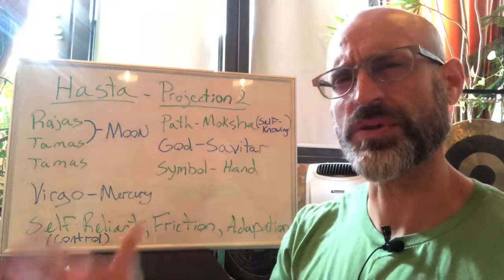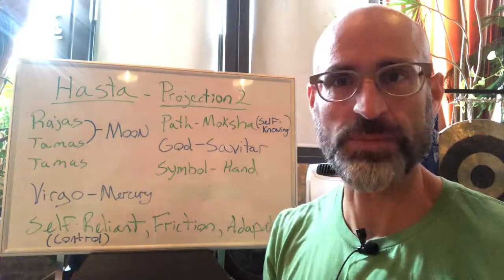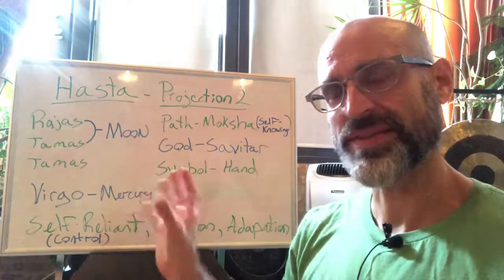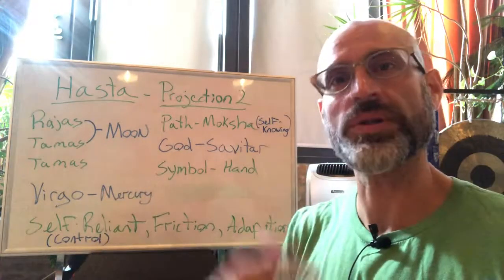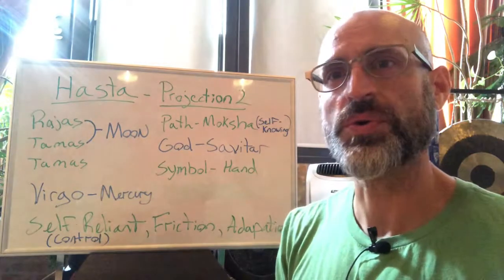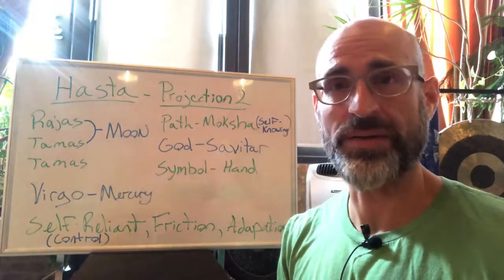Dharma, which is sort of your principles, and finally moksha, which is liberation. So Hasta, even though its predominant motivation is that of moksha or liberation, it also processes all four of those as well.